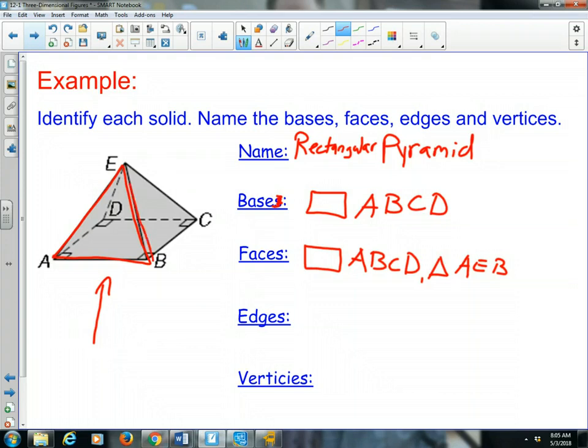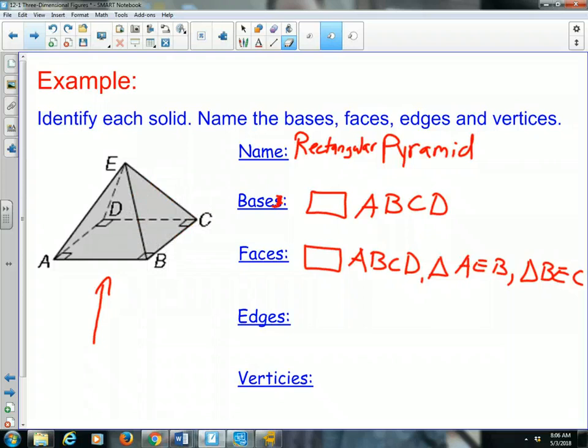Triangle BEC is on the right side. On the back side is triangle EDC. And then there's one more on the left side, and the triangle on the left side is EDA.